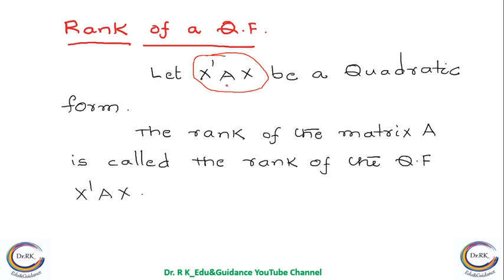Whatever the rank of the matrix A, that itself is called the rank of the quadratic form. Suppose we know how to find the rank of a matrix. If this A has rank 2, then we say the rank of the corresponding quadratic form is also 2. So that is the definition.